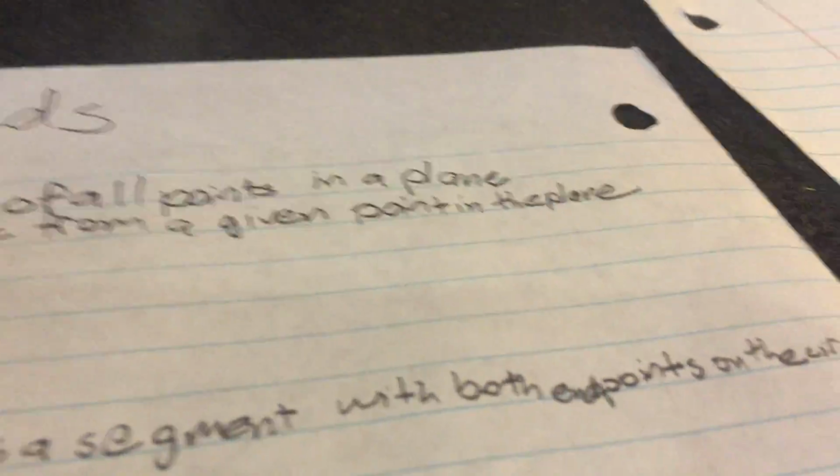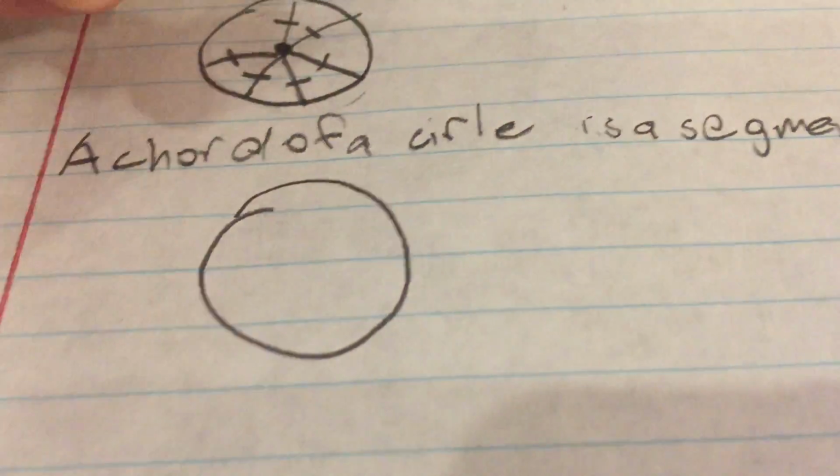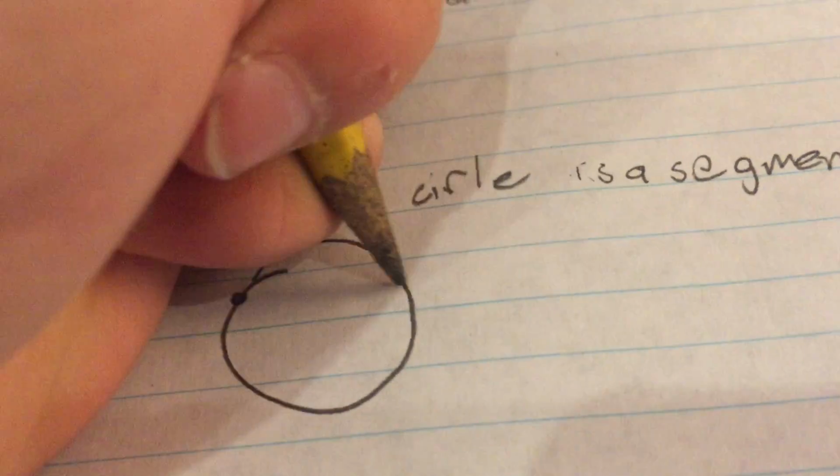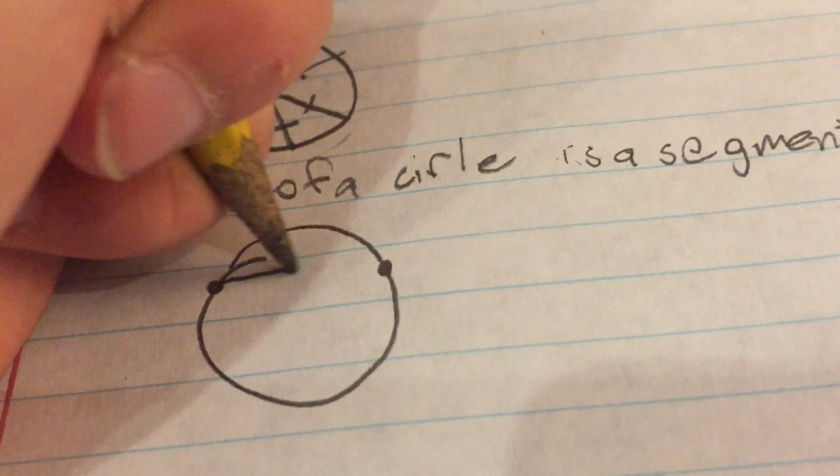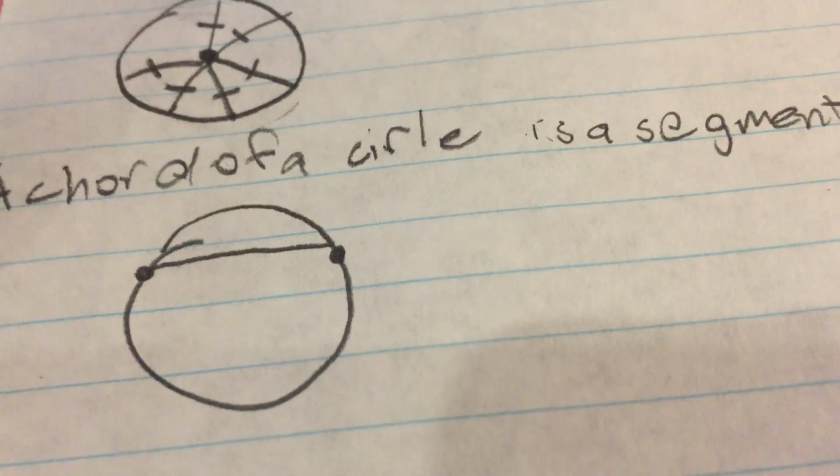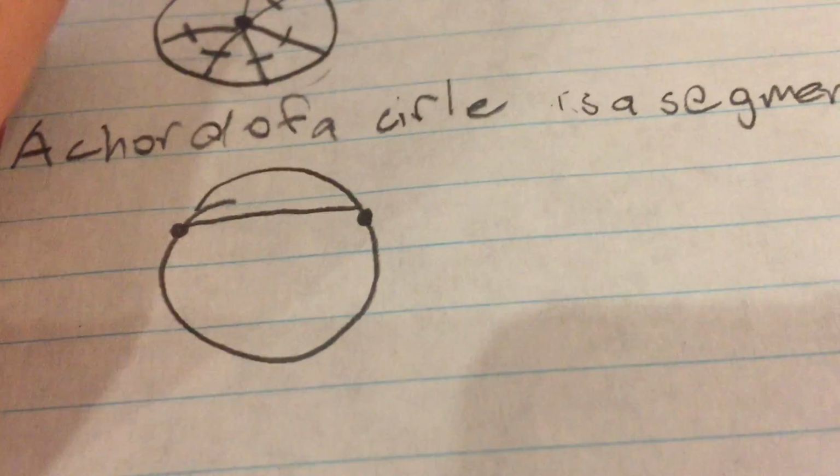So, say we have the circle, right? It's just this. That wasn't drawn very well, but you get my point. That's the chord.